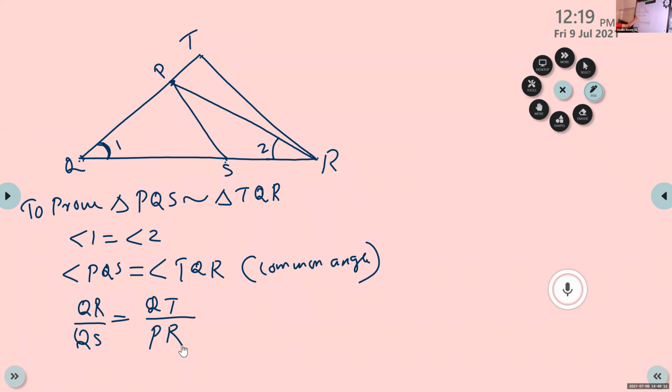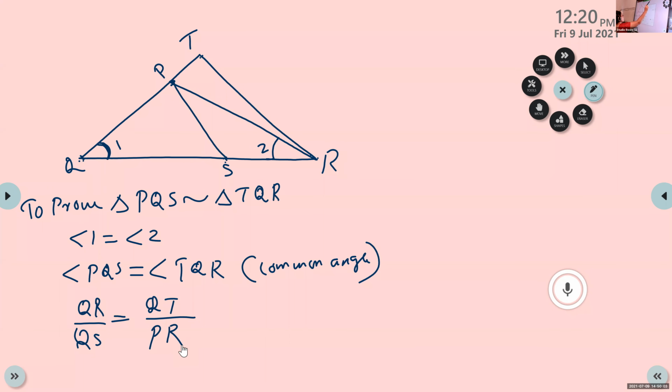And two angles are equal, angle 1 equal to angle 2. For getting some criteria, we need QS by QR equal to PQ by TQ. But we have QR by QS equal to QT by PR only.